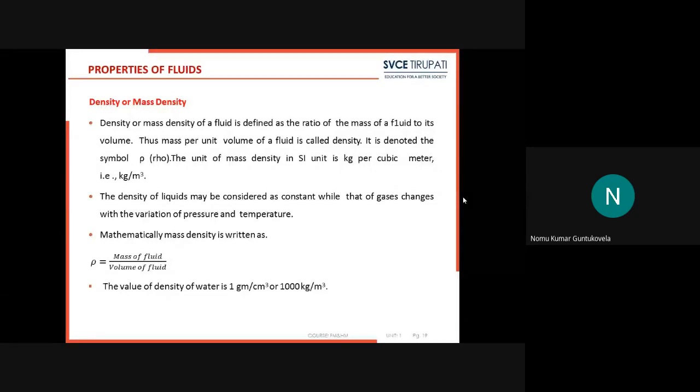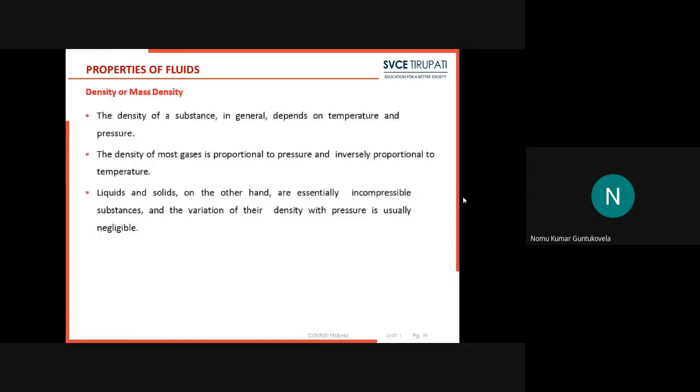That is, rho equals mass by volume, and the units are kg per meter cube.